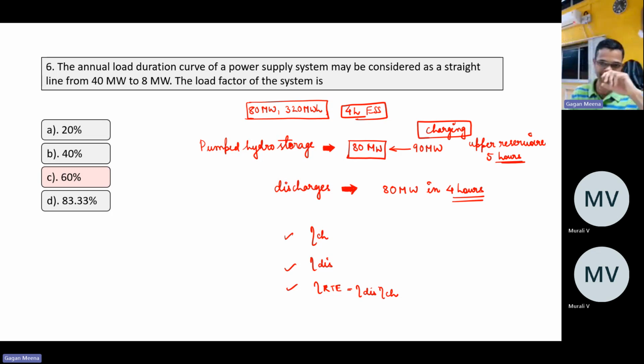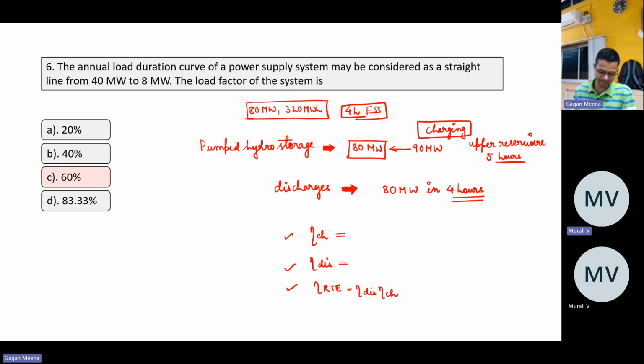See, what is the charging process? In the charging process, you need to pump the water back to the reservoir. How will you calculate efficiency in that case? It's an electromechanical process, right?